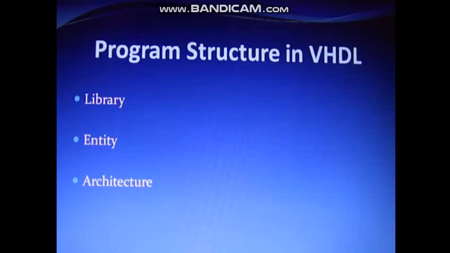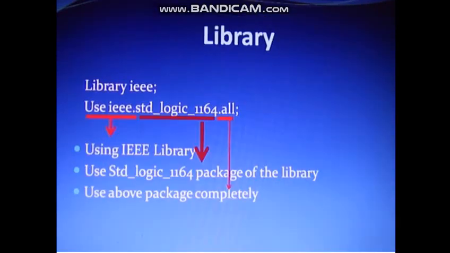Now first is the library. So we will see the library first. Now whenever you are writing any VHDL language, this part is very important. From this point your programming concept will start.